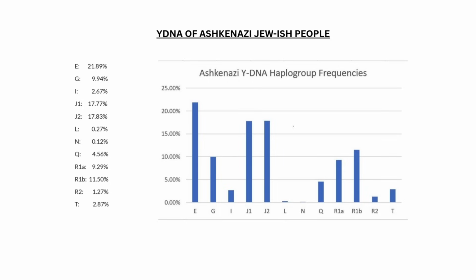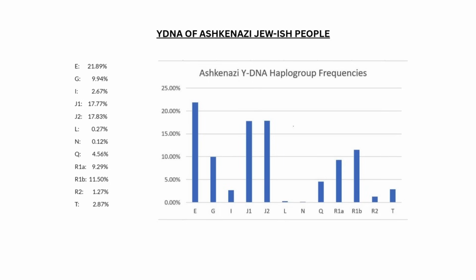The Khazar portion of that population is represented by the R, I think both R1A and R1B. But you'll see here that there are multiple paternal lines represented within this community. They're not a homogeneous group of people, which in and of itself proves that as a group, they can't be Israelites, because, as discussed earlier, you have to share a common paternal ancestor.